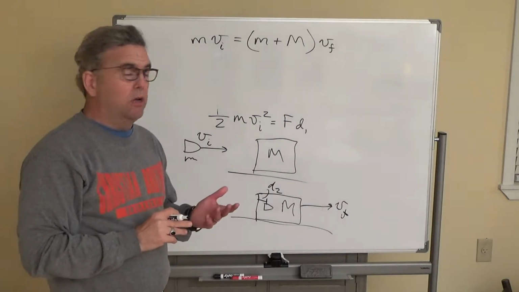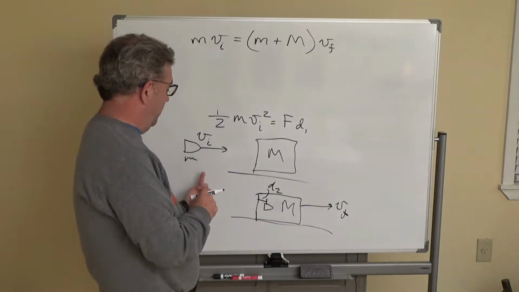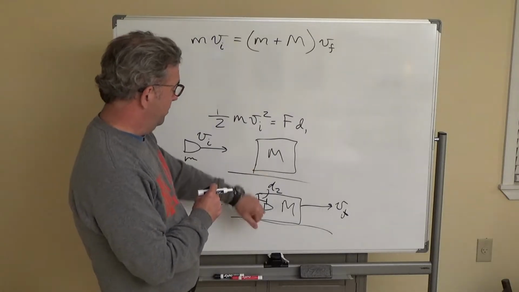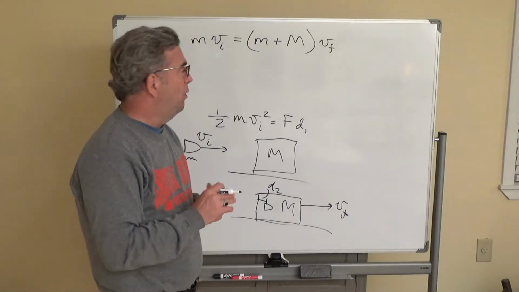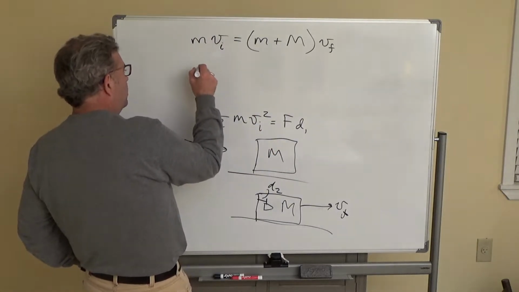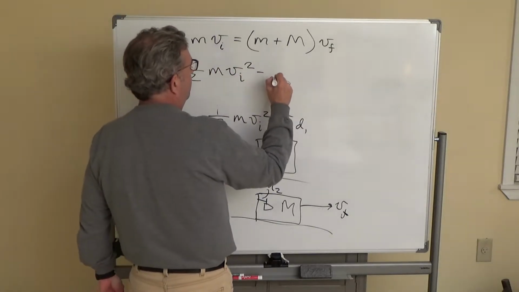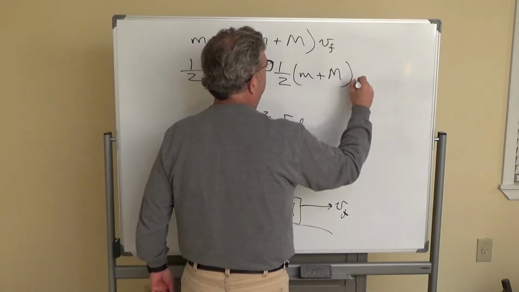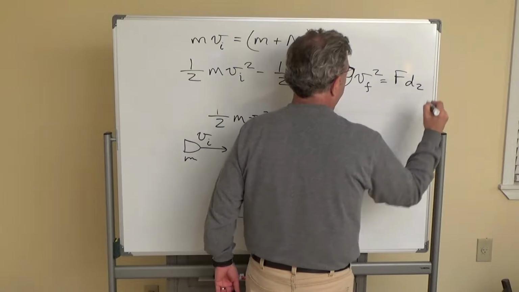Okay? Because in the inelastic collision, the initial momentum of the system is just m V initial. The final momentum of the system is little m plus big M times some final velocity. But we also have that the energy loss in this case, which is 1/2 m V initial squared minus 1/2 little m plus big M V final squared, is equal to F D2.